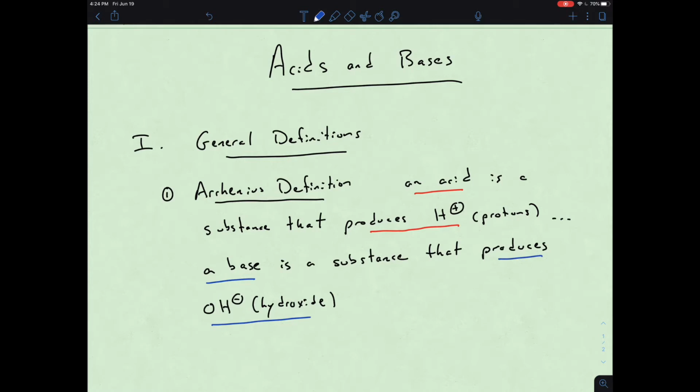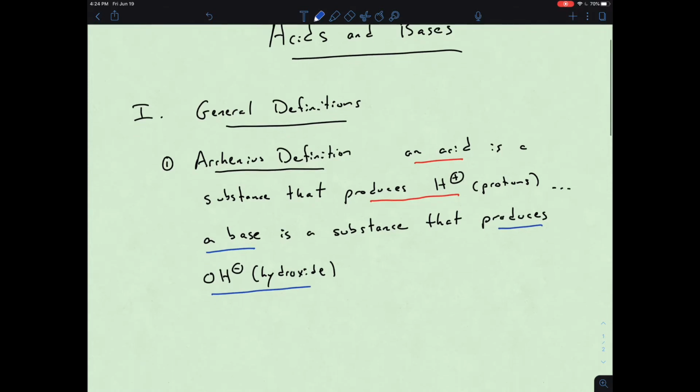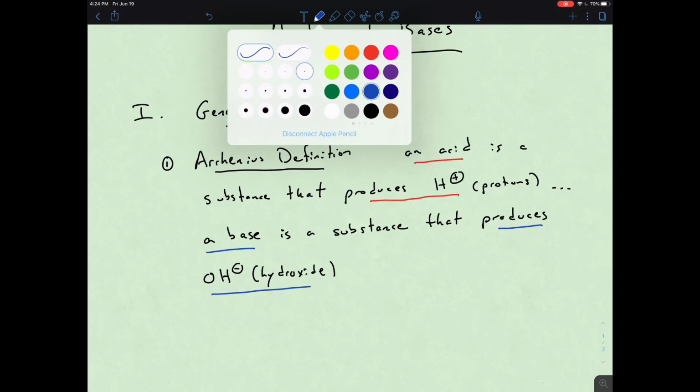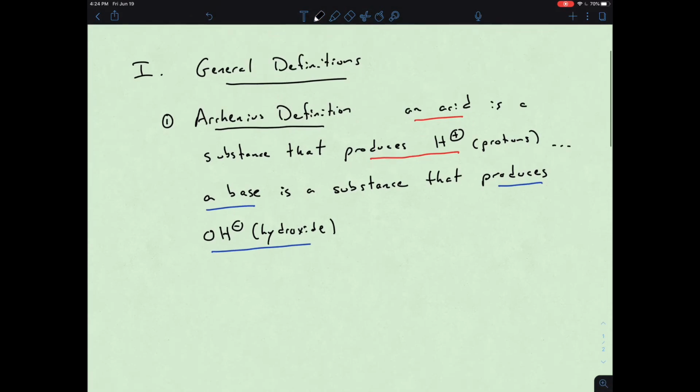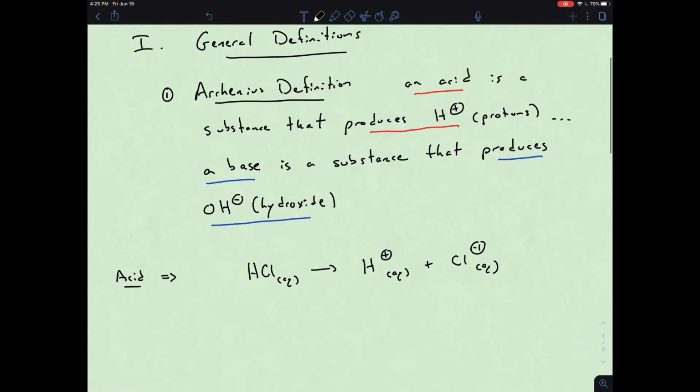So we could look at some of our common acids that we might be aware of, like hydrochloric acid. This is a source of protons. Or, for the base side of things, sodium hydroxide.